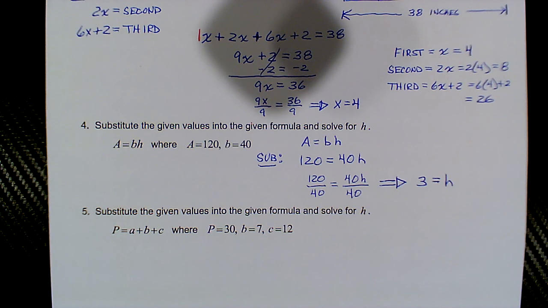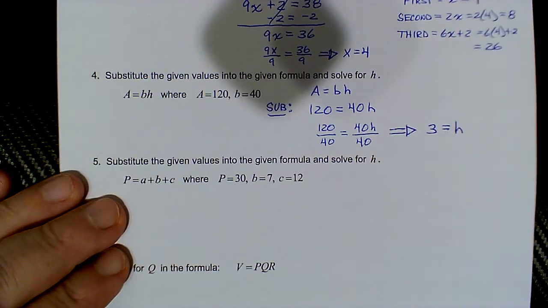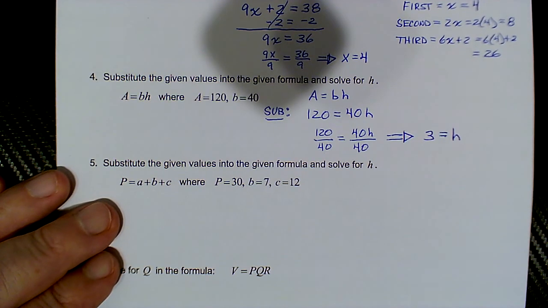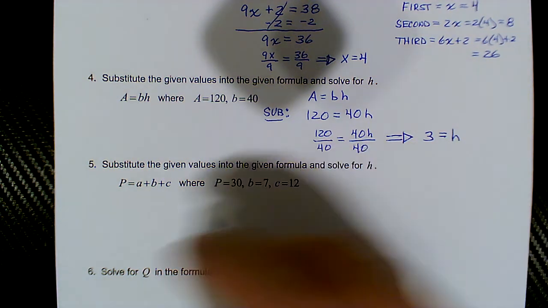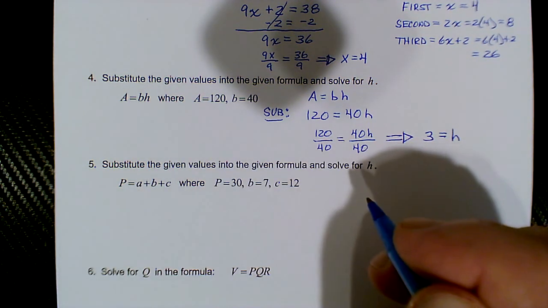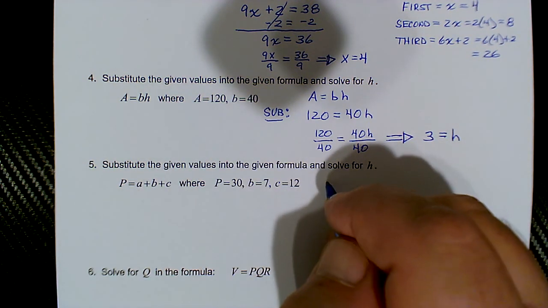And similarly in number 5, we have the same type of situation where we're given a formula and we're given the values of all but one of the variables. And so we're going to make our substitution. I think I'll recopy this on the right here again.